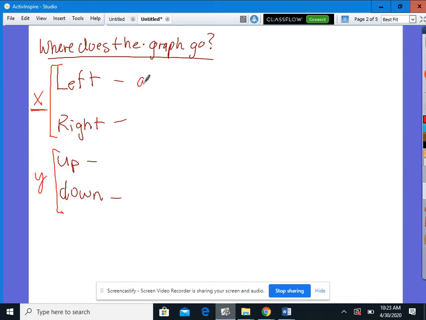We would say as x goes to infinity. As x goes to infinity, that's just another way to say that the graph goes to the left. And to the right, actually, I just made a mistake. As x goes to negative infinity.